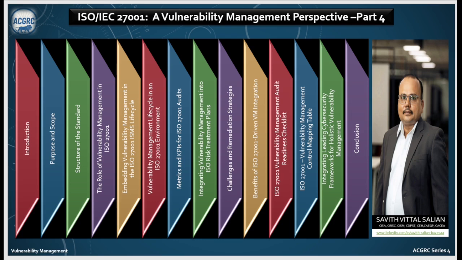This video explores how VM aligns with ISO 27001, how it fits into the risk management and control ecosystem, and how organizations can integrate vulnerability identification, assessment, and remediation in their ISMS to improve resilience, compliance, and operational excellence.